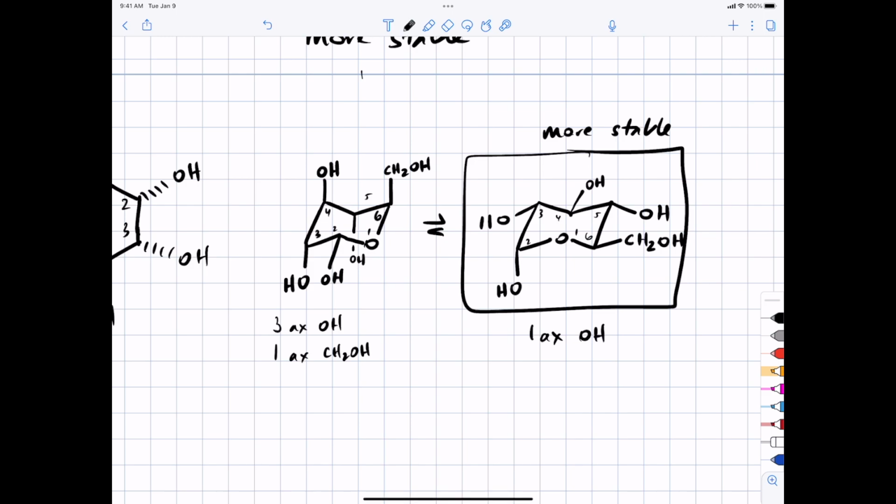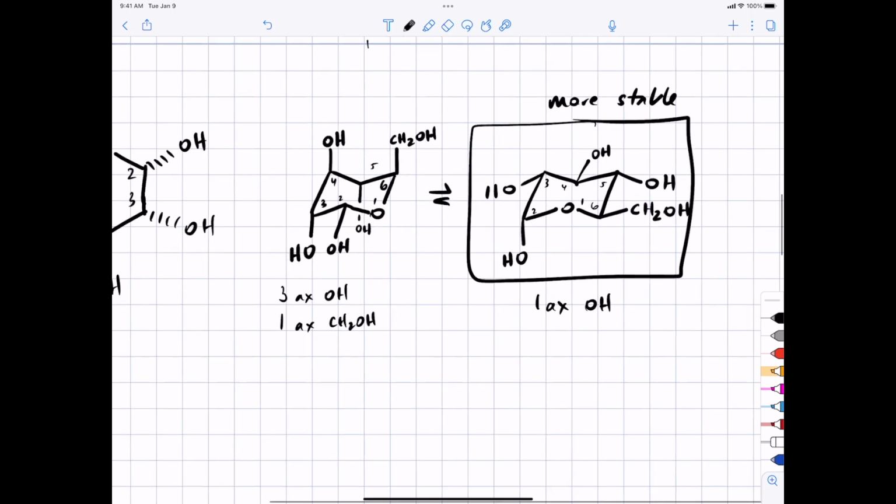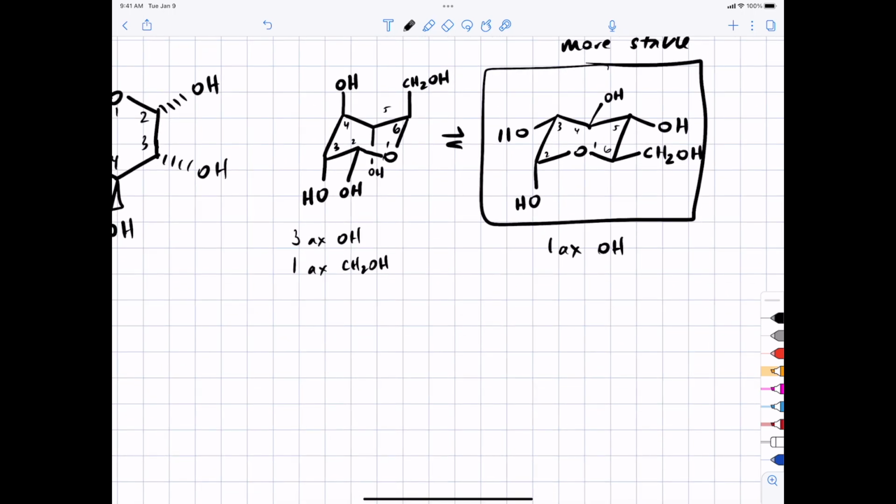So say you had like 3 axial OH groups and then 1 equatorial with CH2OH. Would that override the other? Yeah, so I think you're proposing a situation maybe like this, and the answer is, I don't know.